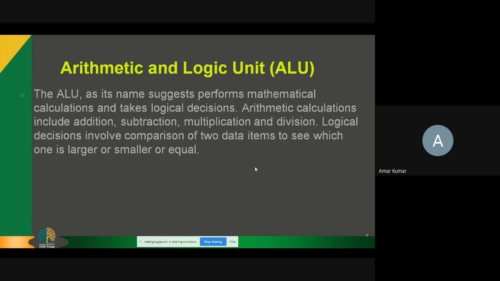And if we talk about arithmetic calculations, then it performs addition, subtraction, multiplication, and division according to the data which we feed to our computer system from our input devices.